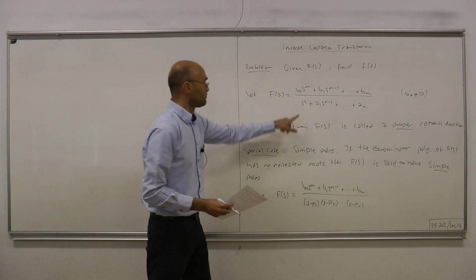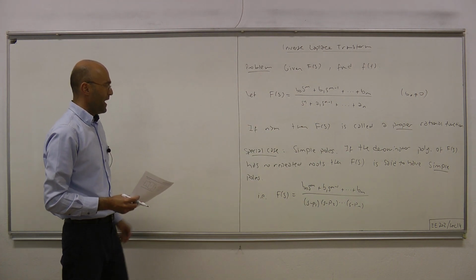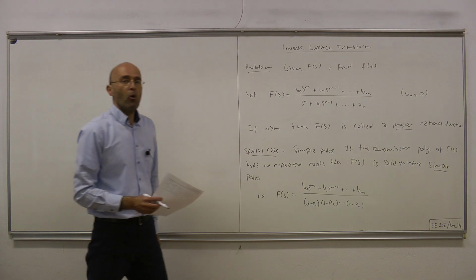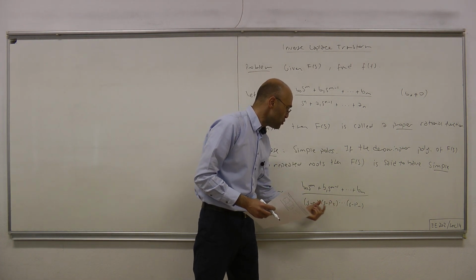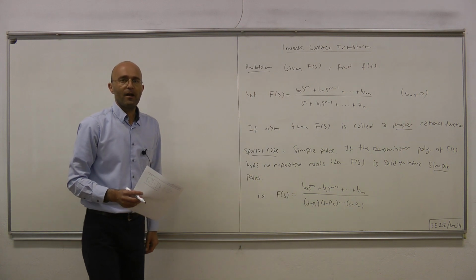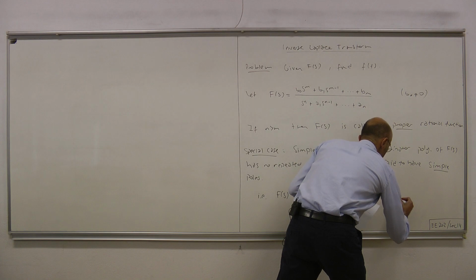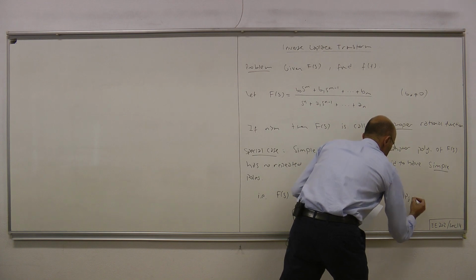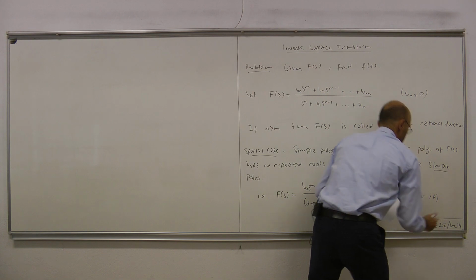We have n poles because the order of the denominator polynomial is n, and for the simple pole case no two poles are the same. In other words, pi is different than pj whenever i is different than j.